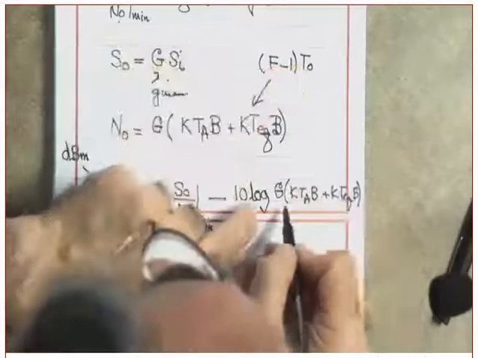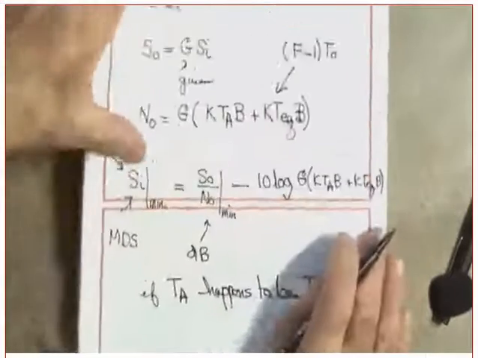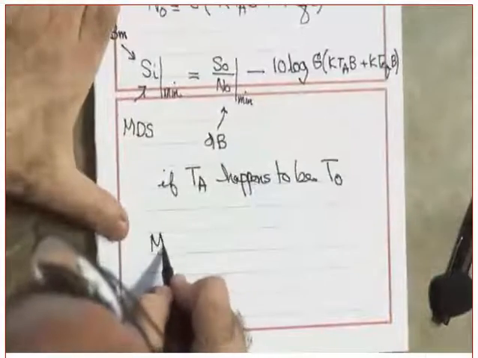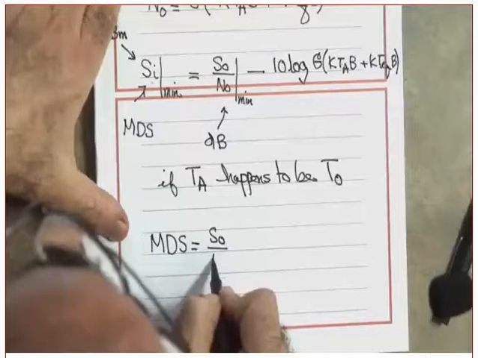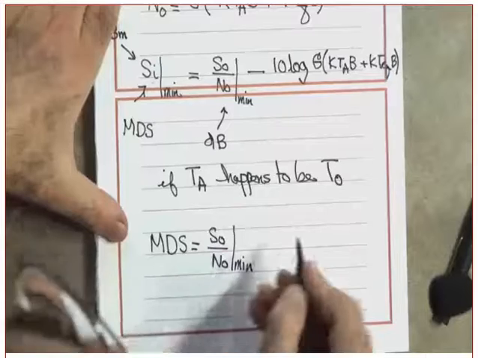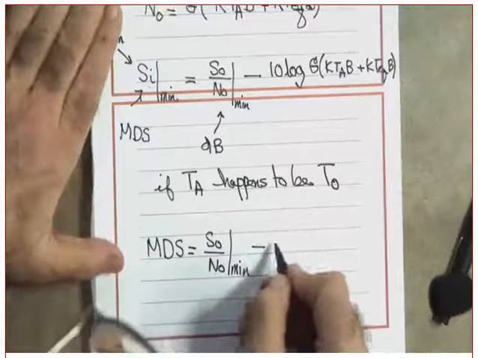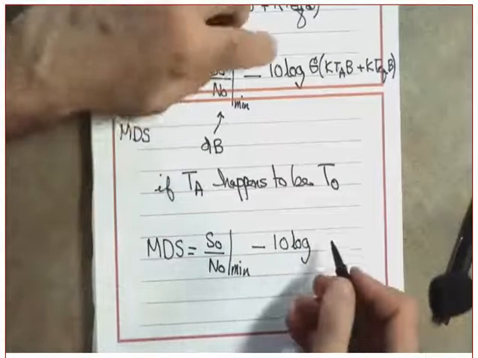T0. Which means what? If this is T0, the second term will cancel. And what do I end up with? SI, the minimum detectable signal, is equal to what?